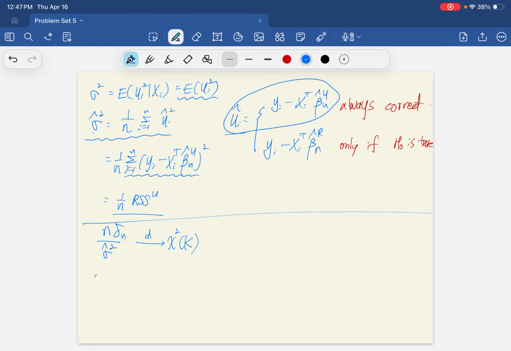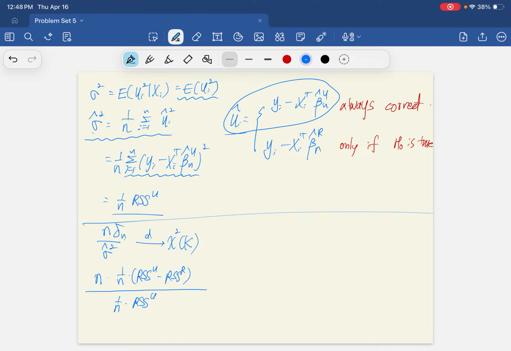The left-hand side is n times delta n, which is 1 over n times RSSU minus RSSR, divided by, in the denominator, 1 over n times RSSU.